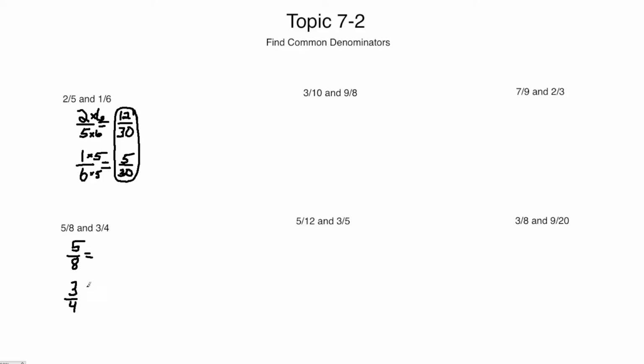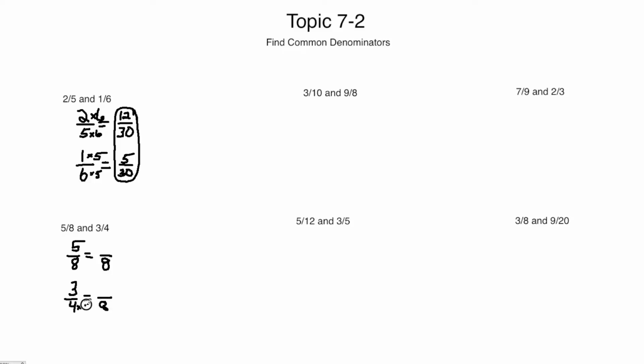Now, obviously, they are not the same denominators, but 8 times 4 is 32. That is a common denominator. So is 24. So is 16. But the least common denominator that 8 and 4 could both go into is 8 itself.